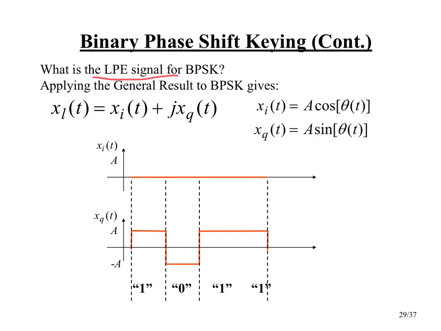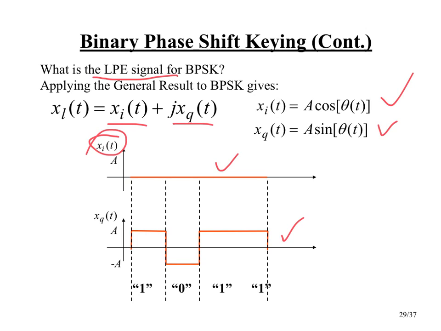So if we apply our result, xi of t is given by this, xq of t is given by this, and for this example, I've set this up in a very careful way. If we had a small phase shift, things would change somewhat, but for this careful setup, my in-phase term is just 0, and everything boils down to the quadrature term.